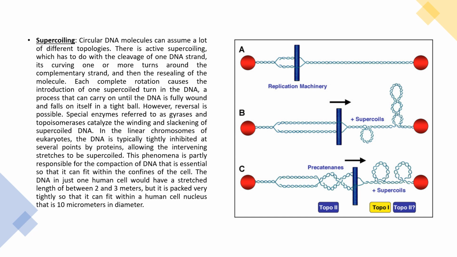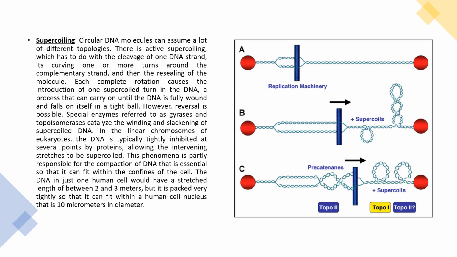Each complete rotation causes the introduction of one supercoiled turn in the DNA, a process that can carry on until the DNA is fully wound and folds on itself in a tight ball. However, reversal is possible. Special enzymes referred to as gyrases and topoisomerases catalyze the winding and slackening of supercoiled DNA.